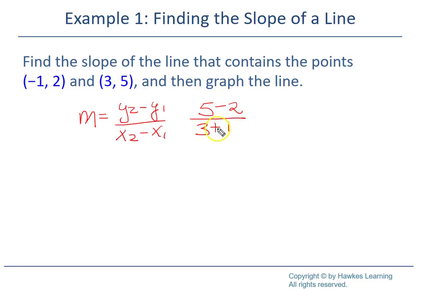Now you could write it out negative 1, or you can just write it like this. So this is going to be 3, and this is going to be 4. So our slope is rise of 3 over run of 4.